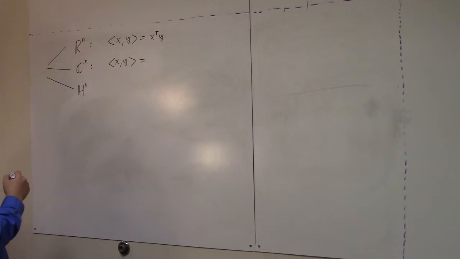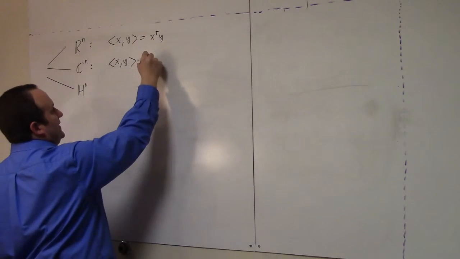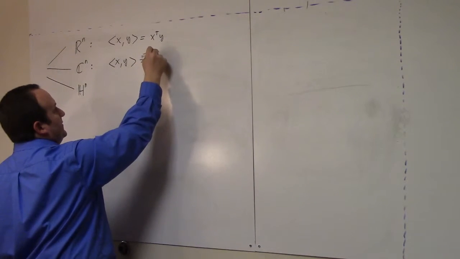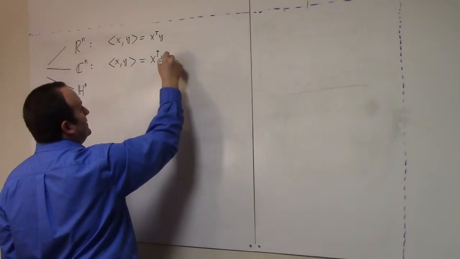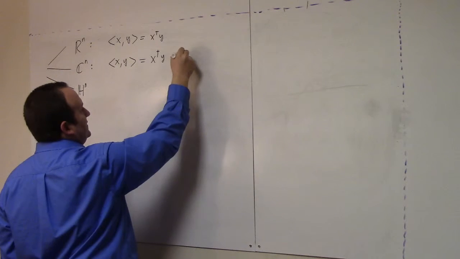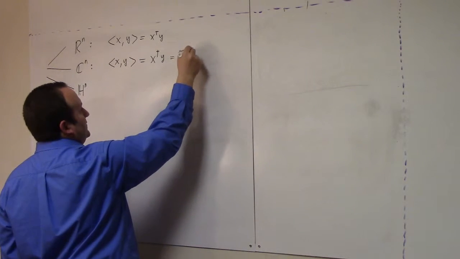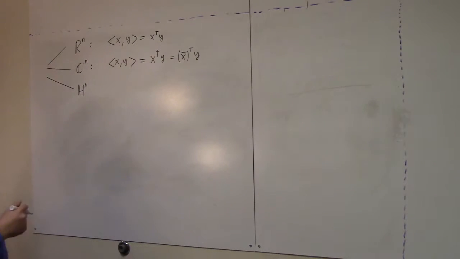But it's a little bit different. So what we have here now is x dagger y. Now what that actually is, is x conjugate transpose y. Conventions and such.